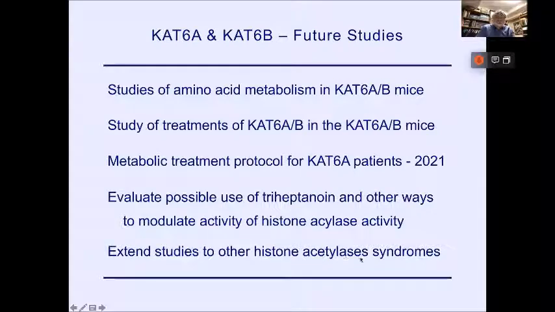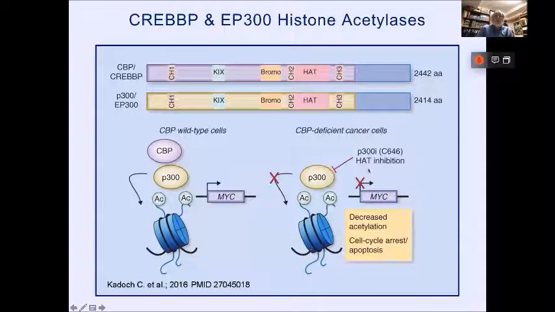And then the other thing that we are doing as this story gets around to other disorders is beginning to look at other syndromes with similar defects. One of those is a disorder that I have seen myself a number of times in years past called Rubinstein-Taybi syndrome.